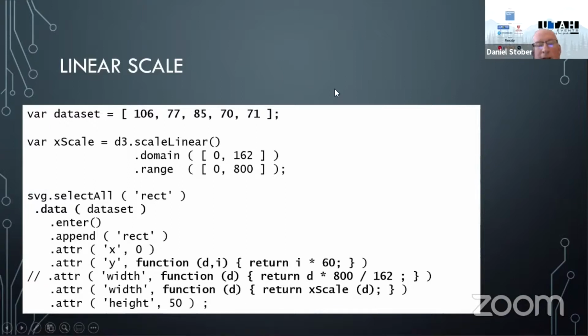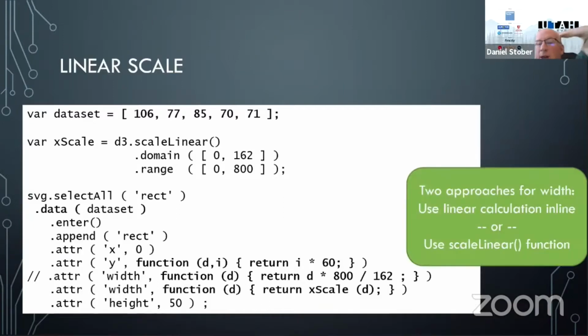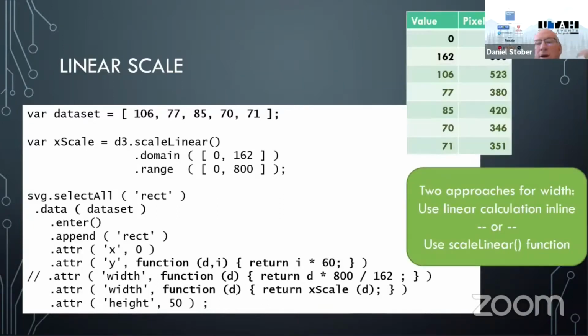When you pull the code for this off of my website, off of the scale page, you'll see that I have it both ways for you. You can comment out one or the other, and you'll see that it works exactly the same way in either case. Again, it's a linear scale, and so you can see the scale that we have set up depending on the value. This X scale is a function, and you can call it and see the values that are returned.